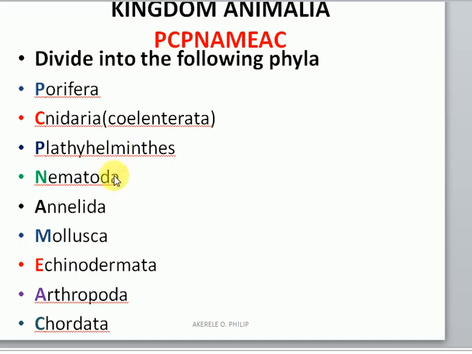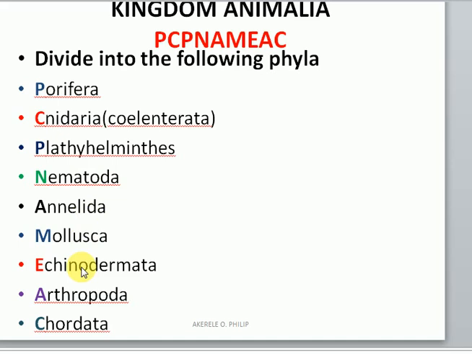So this is a roundworm, and this other one called Annelida is a roundworm also, in this case called segmented roundworm. Example is your earthworm. These two are both roundworms, but this is not segmented, this is segmented. That's different, but they are both roundworms. The Mollusca, that's your snail and octopus.